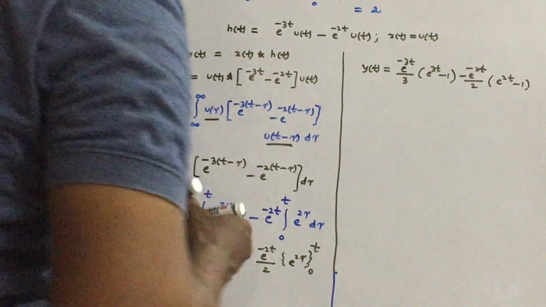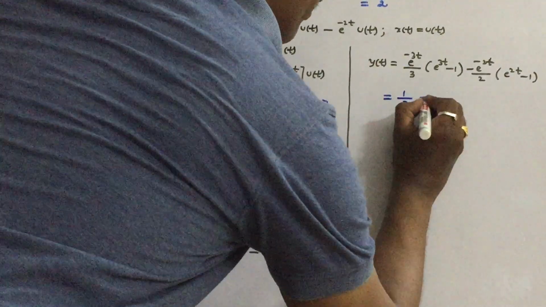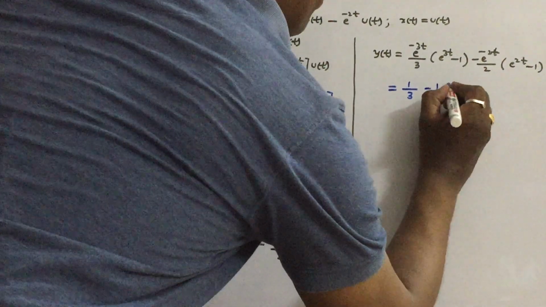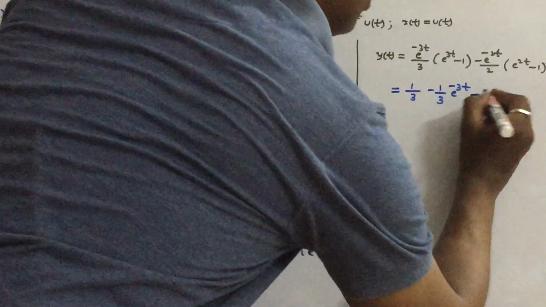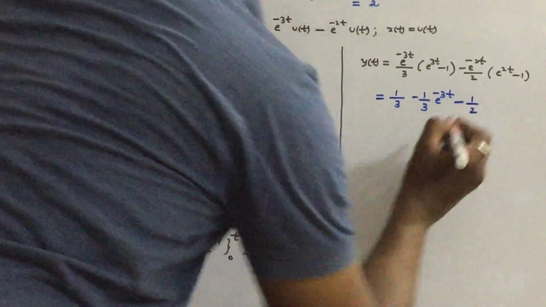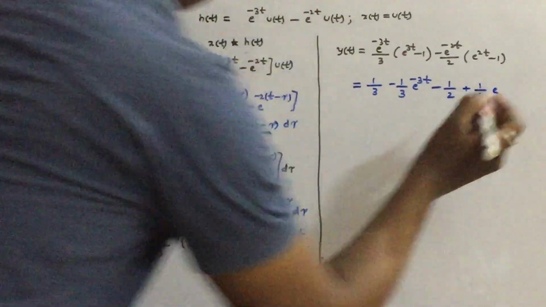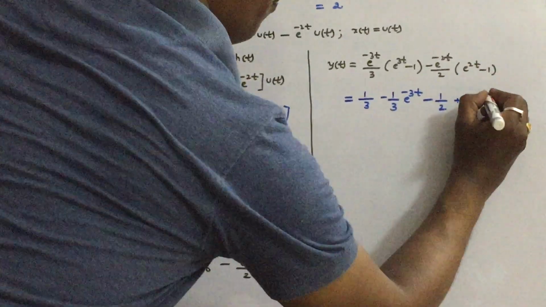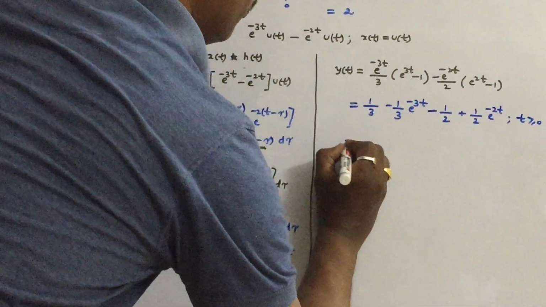Multiplying this out, the first one comes as 1 by 3 minus 1 by 3 into e to the power minus 3t, minus 1 by 2 plus 1 by 2 into e to the power minus 2t, for t greater than or equal to 0.